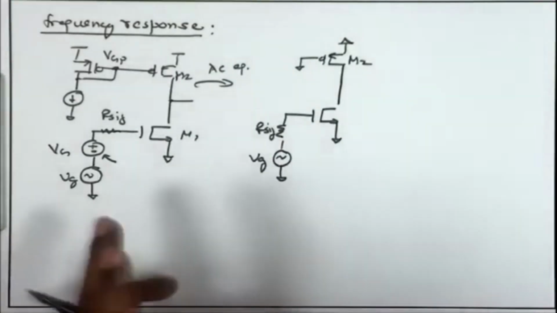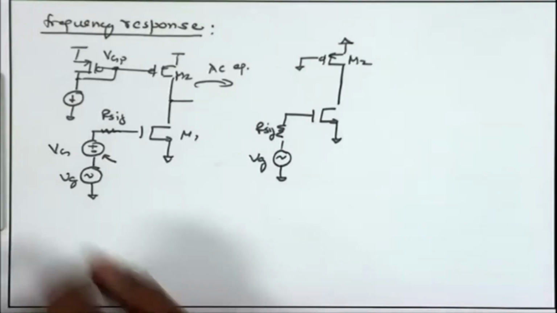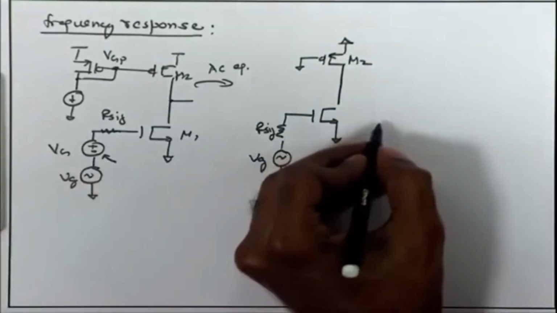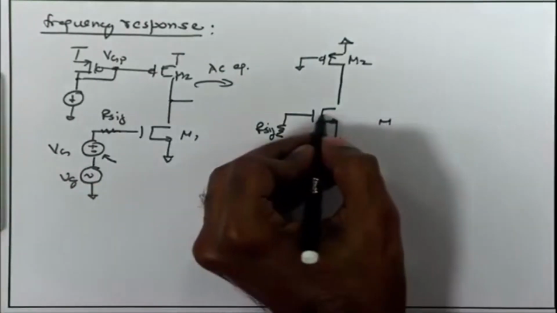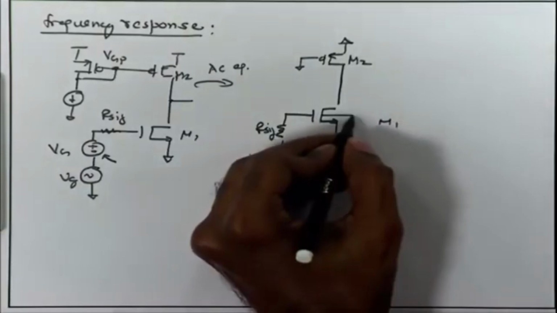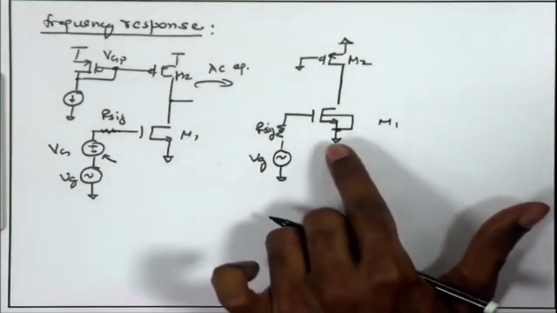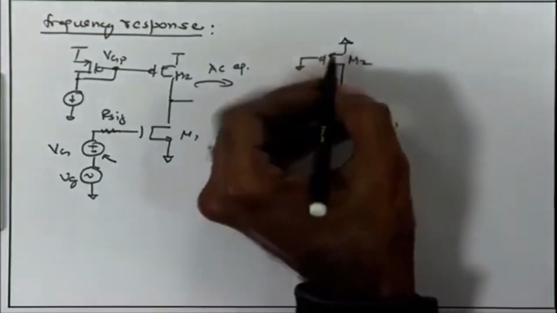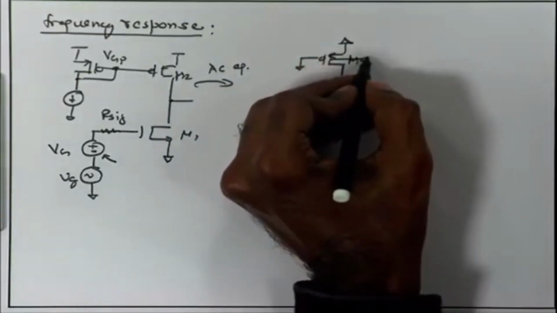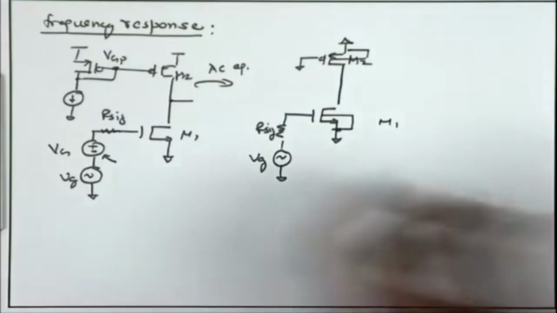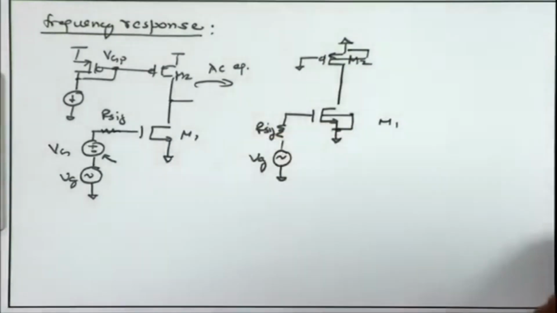Now, if I want to go for higher frequency and capture the effect of the parasitic capacitances, once again I need to draw the various capacitances contributed by M1 and M2. Now, consider that the substrate of M1 is grounded. We have seen that for NMOS the substrate should be at the lowest potential, ground in the IC, and likewise for the PMOS the substrate should be at the highest potential, that is VDD, so that is also AC ground. So, that eliminates one of our capacitances, between the body and the source.